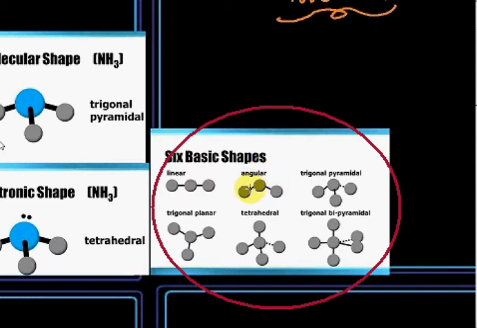The lone pair repels the bond pairs, and so you get this type of shape. And this is how the others, even though they may be more complex, have their different shapes.